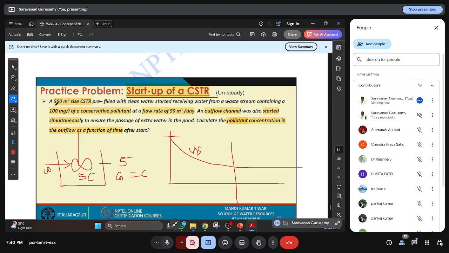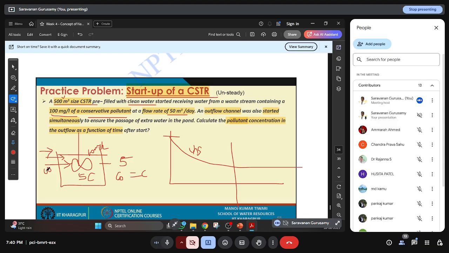That's the question. A 500 meter cube CSTR volume is given, filled with clean water. So filled with clean water is the starting process. Initially, it will not be filled with this water, right? Clean water will be filled with the full of microbes and then containing 100 milligram of conservative pollutant. So they have 100 milligram of conservative pollutant already, and the flow rate is 50.